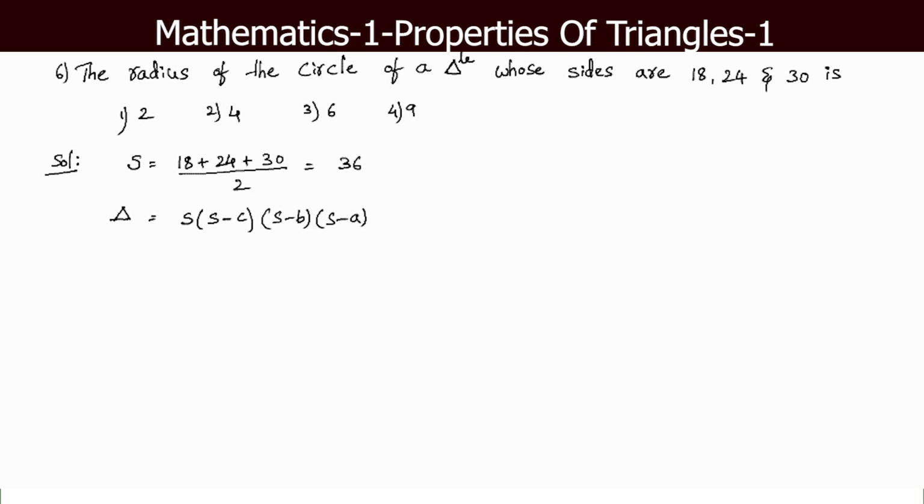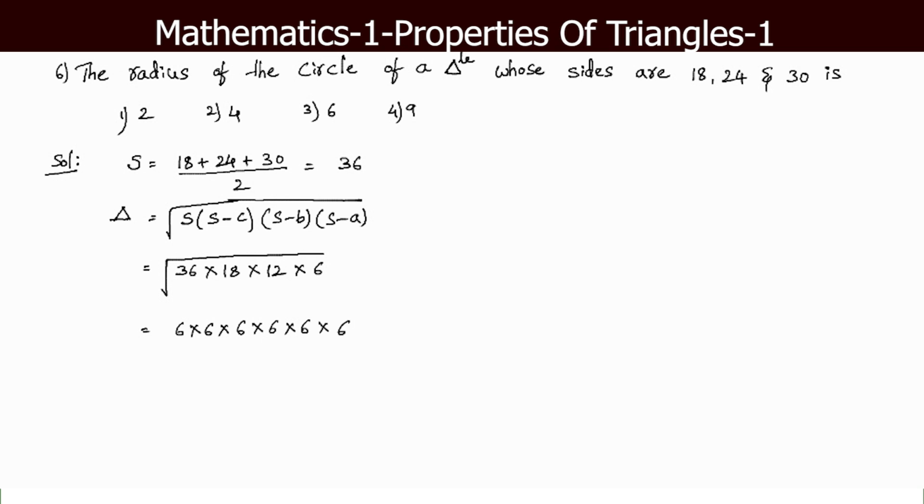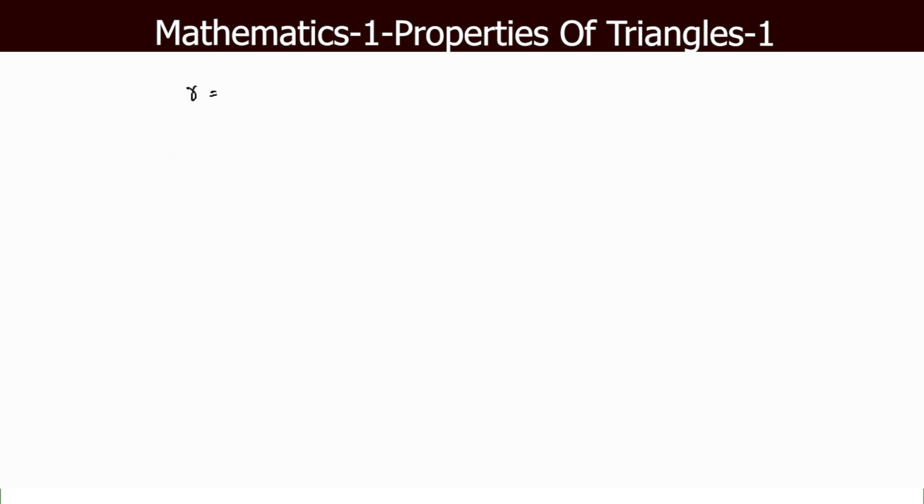And delta by Heron's formula is the square root of s into s minus a into s minus b into s minus c, that is square root of 36 into 18 into 12 into 6, which is simply 6 cubed. So r is equal to delta by s, which is 6 cubed by 36, equal to 6. So the in-radius of this triangle is 6. So the correct answer is option number 3.